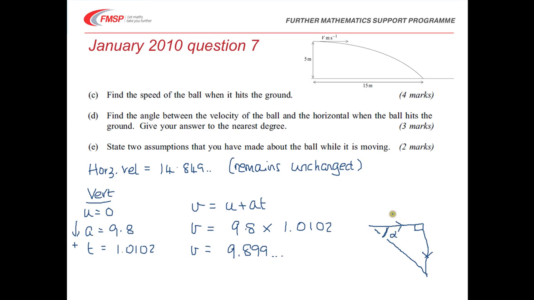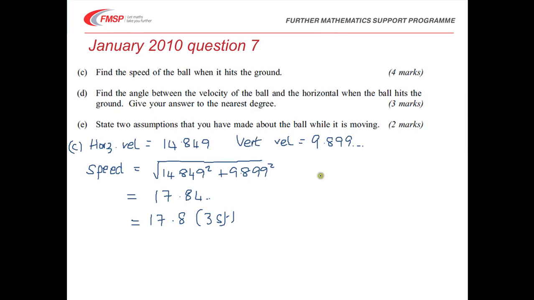So this was 14.849 and this was 9.899. So the tan of alpha is going to be the vertical velocity over the horizontal. So in part D, if we write that there, then tan of alpha will be equal to 9.899 over 14.849.